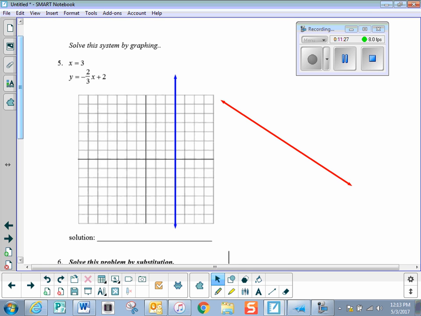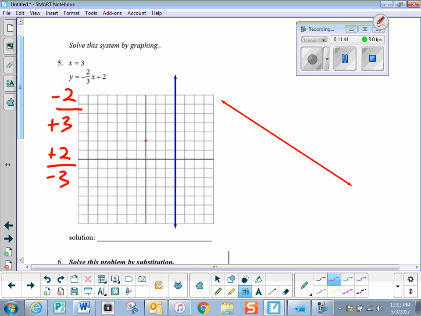Now the second one, where do we start graphing it? Positive 2. And we go over 3. It's negative 2 over positive 3, or positive 2 over negative 3, because in both cases a negative divided by a positive is a negative, and a positive divided by a negative is a negative.